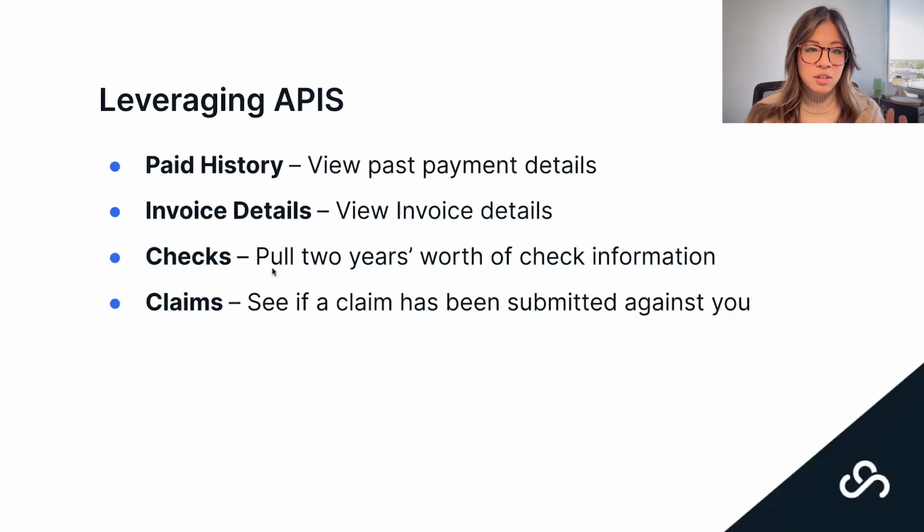With checks, you're able to pull 2 years' worth of check information, so you can see what Walmart has paid you. And this is where a lot of people like to look: your claims, which are deductions, essentially. If Walmart thinks that you didn't ship them in full, or you have a pricing issue or an item setup issue, then they can issue a claim against a particular invoice. So your check may not be exactly what you invoiced for.